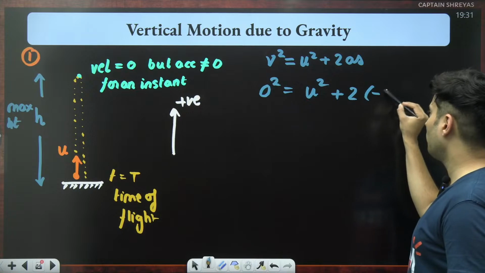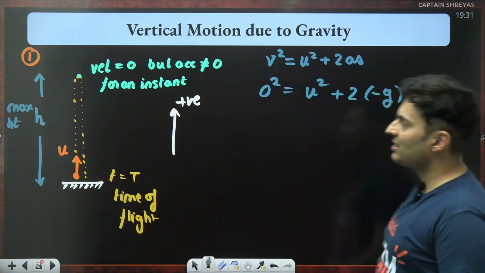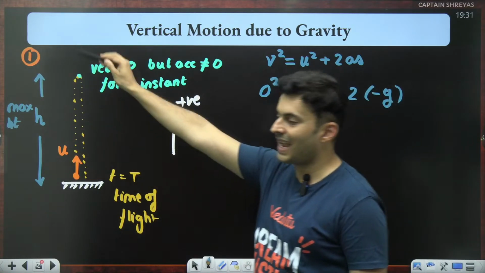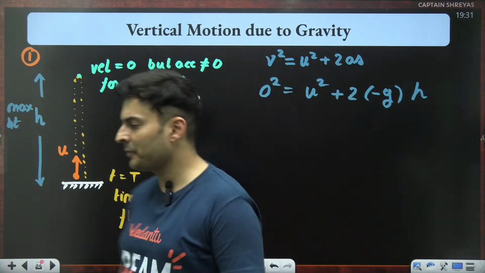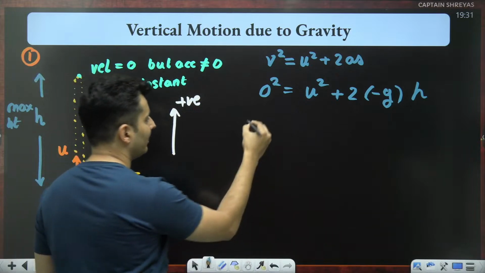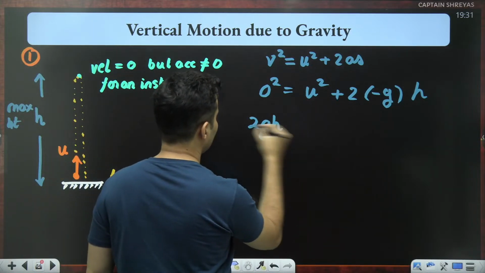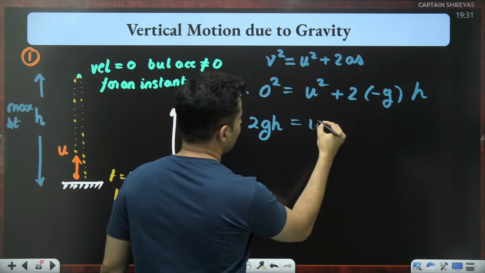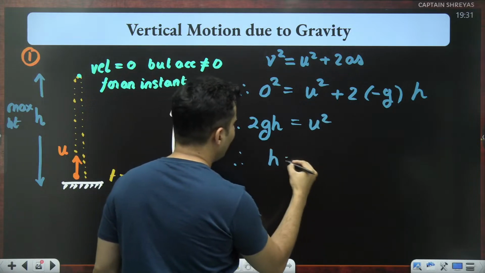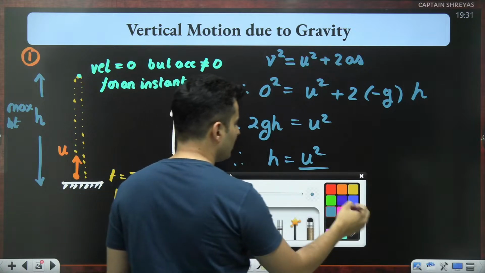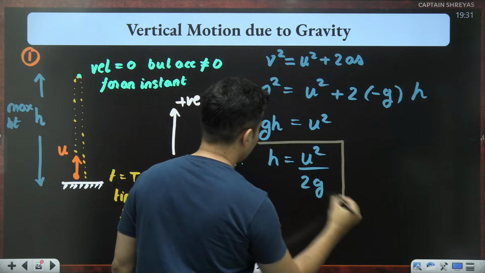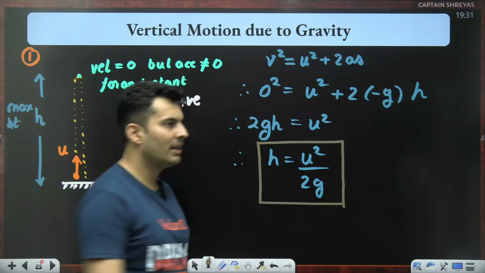So why not put minus g over here? Displacement from here to here is h. Put that minus 2gh on the other side, it will become plus 2gh. So therefore, this height will become u square by 2g.